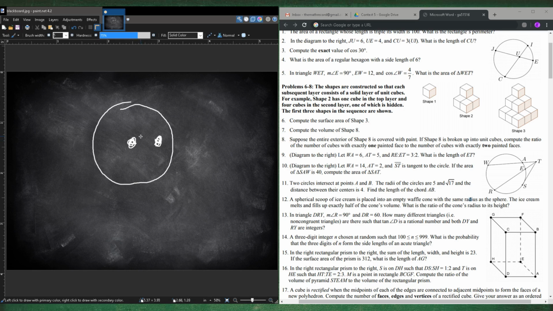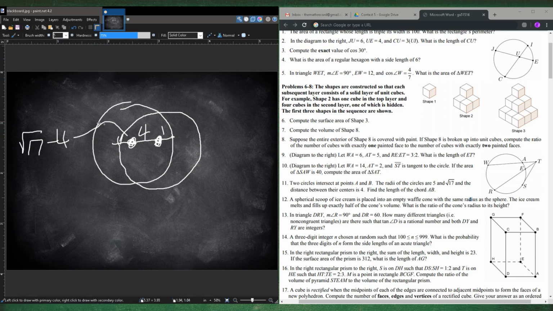Square root 17 is really close to square root 16, which is basically just 4. So the distance is 4, and then you have 1 here, and then this line right here is square root 17 minus 4. That small distance, basically.